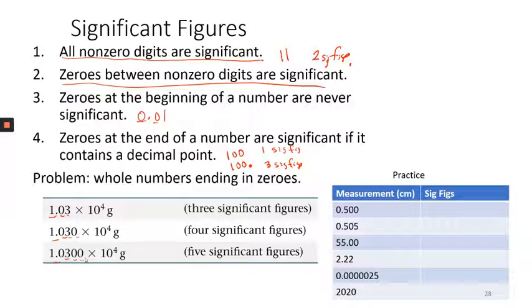So, a nice little rule of thumb is if your number is less than 1, you draw an arrow to the right until you reach a non-zero number. All the digits you did not cross out are significant.